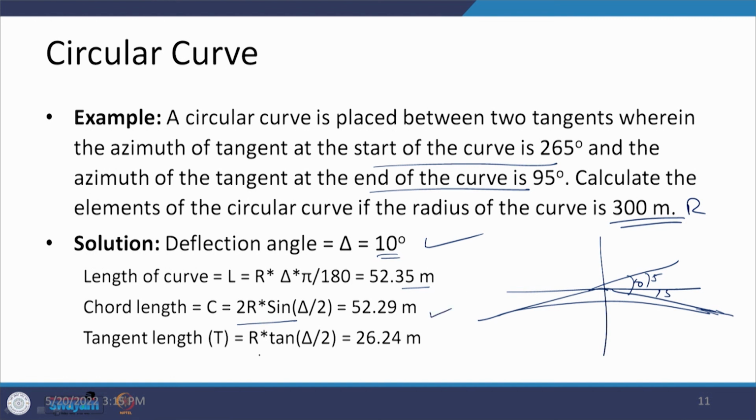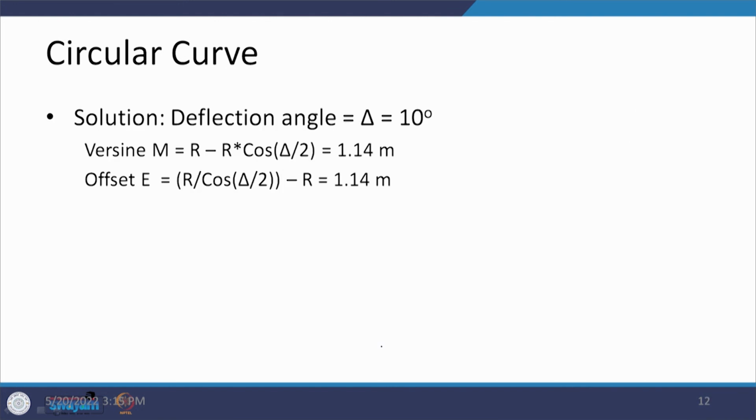In the case of tangent length, it is R tan delta by 2, and again we get 26.24. Then versine is R minus R cos delta by 2, so 1.14 meter, and offset is also coming as 1.14 meter. But it is not really the case that every time you will get all of those values quite similar; they may be different also.